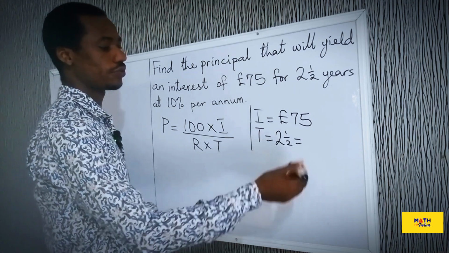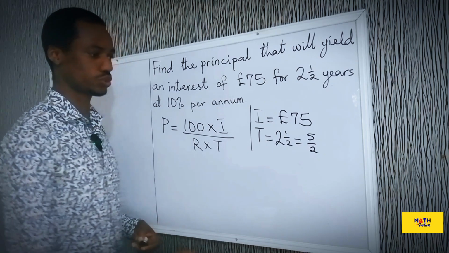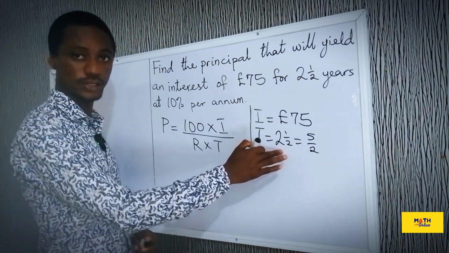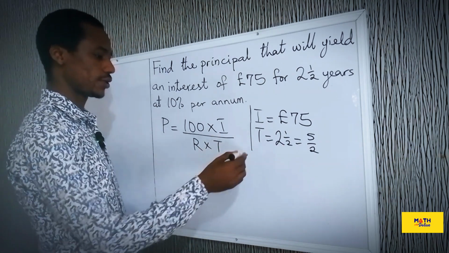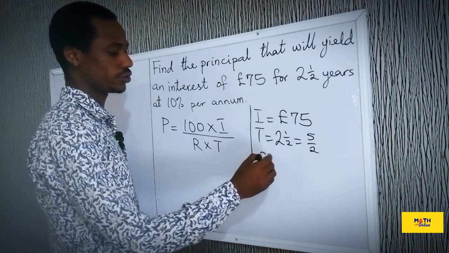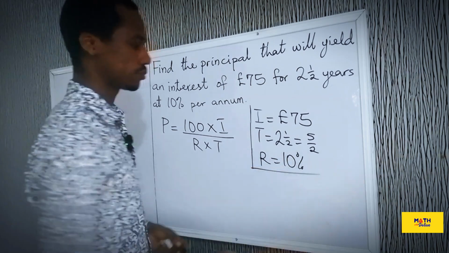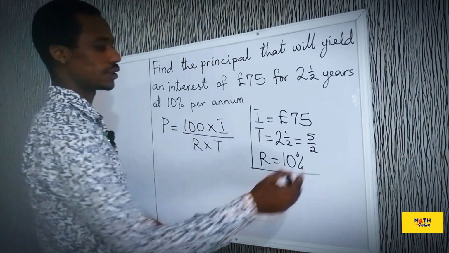So that will be 5/2. You can still work with this the way it is. If you have found a comfortable method using that, you just go ahead. So we have the rate as 10%. So now let's slot these in and then calculate.